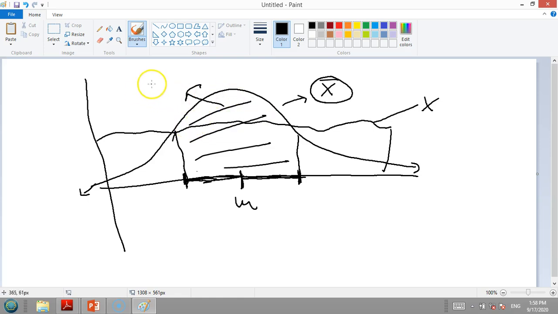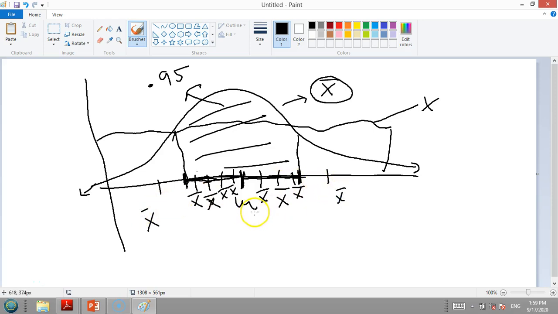This is 0.95, okay? Now I only do the experiment once, I only get one sample. But this is the distribution of all possible samples of that size that I can get, okay? And so 95% of the time, in fact, I'll get samples that are very, very close to mu. And once in a while, I might get some samples that are far away from mu.